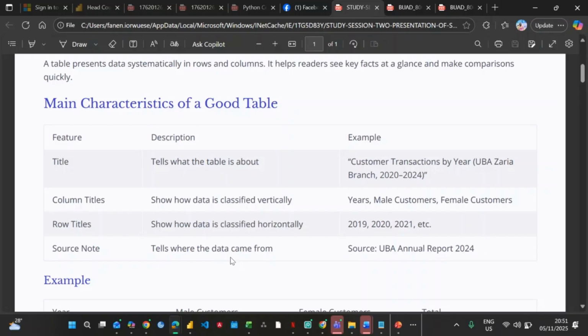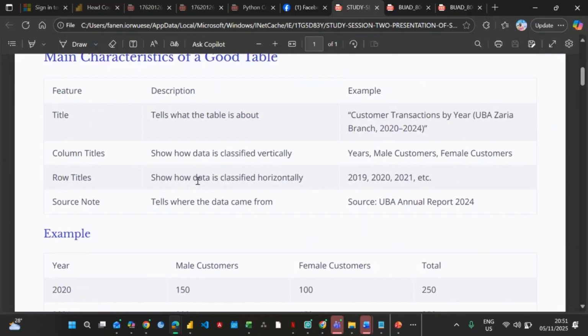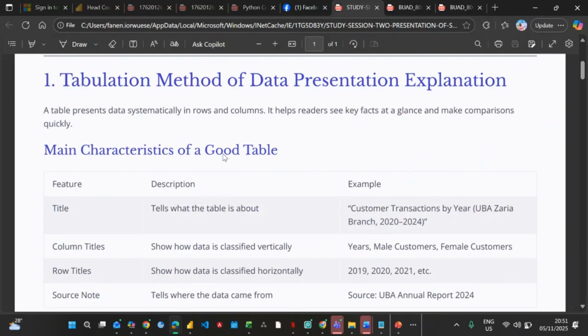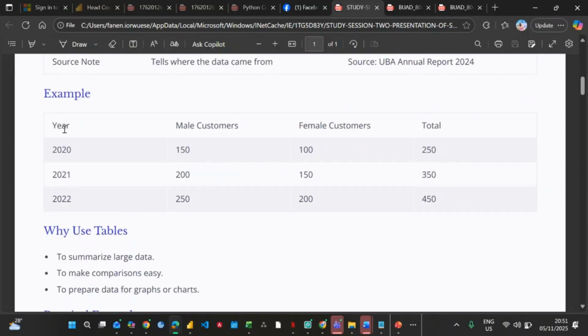Especially when you are talking about things that concern a lot of people, or maybe the government, or things that have to do with people's health. You need to reference where the data is coming from. That is the source note, where you tell us where the data is coming from. So these are the characteristics that form a good table when you are presenting your data.